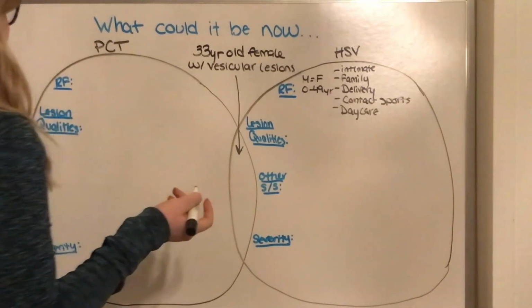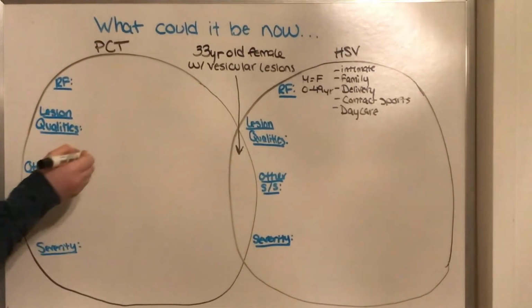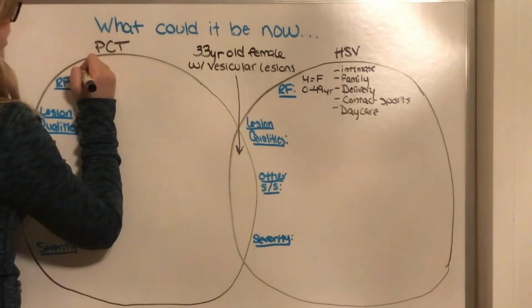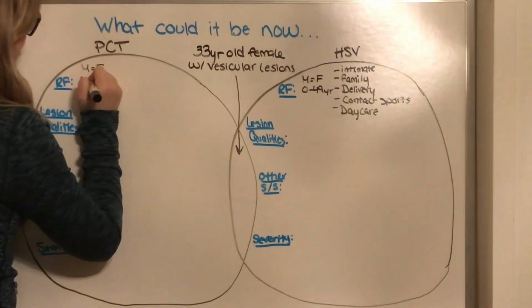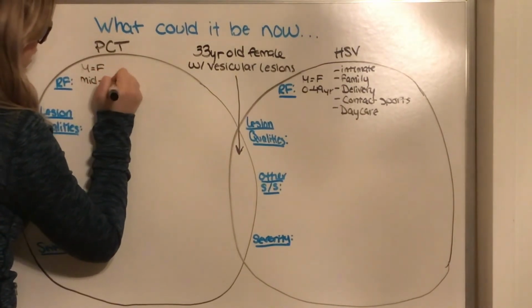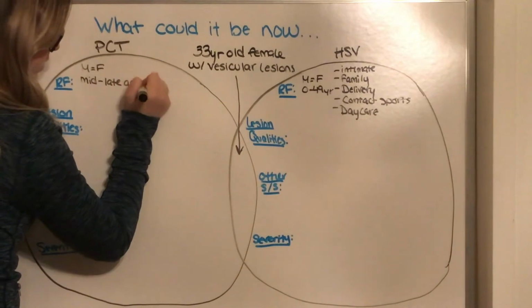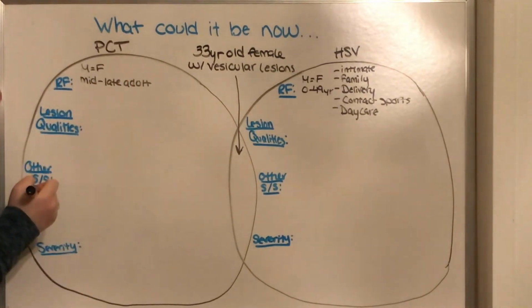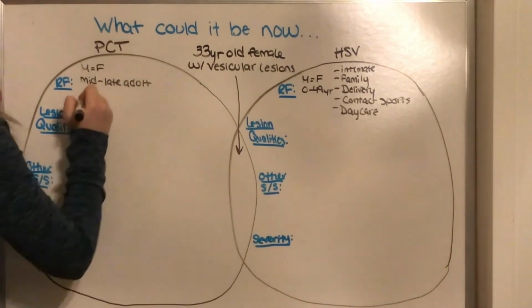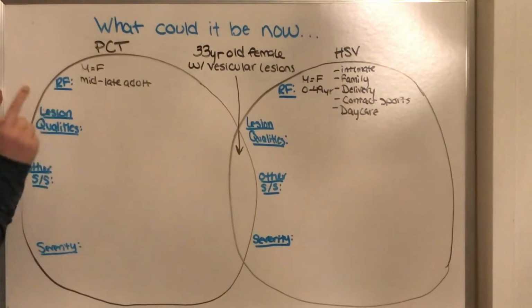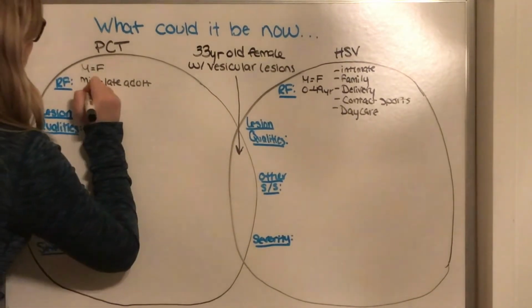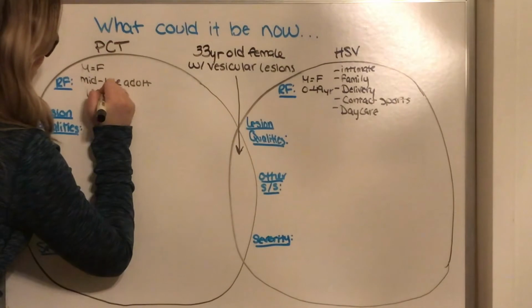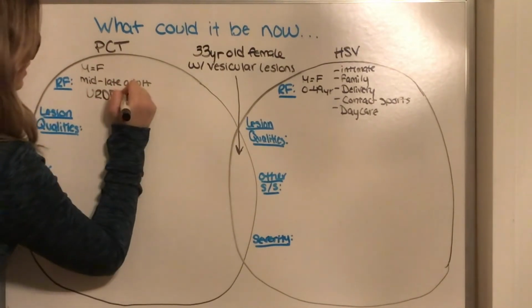In porphyria cutanea tarda, the risk factors are also equal amongst males and females. We see this in mid to late adulthood. This is seen in patients with a uroporphyrinogen decarboxylase mutation, also abbreviated as UROD mutation.